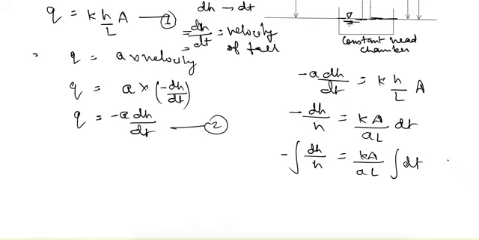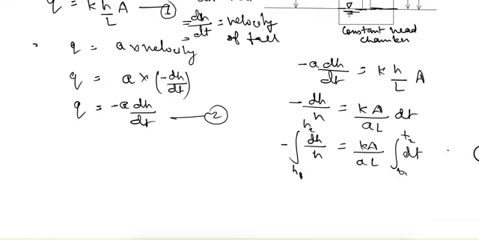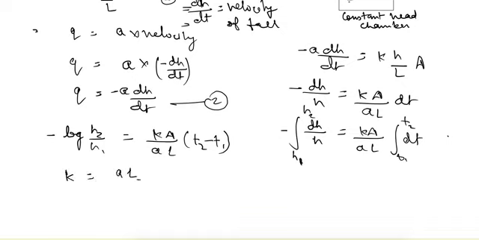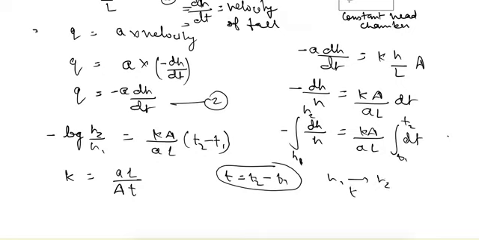So limit of integration will be h1 to h2, and here it will be t1 to t2, and so from here it will be equal to minus log h2 by h1, here it is kA upon aL times t2 minus t1, and if we rearrange this, so we will get k is equal to aL upon A t, so t is equal to t2 minus t1. t is the time of fall, time for which the head falls from h1 to h2, so it takes the time t, and aL by At log e h1 upon h2.